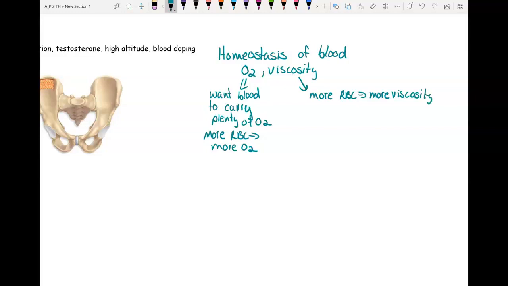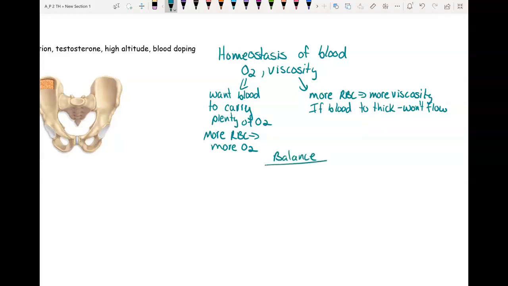If your blood gets too thick, then you won't be able to pump it and it won't flow through your blood vessels. So you have to find a balance between these.